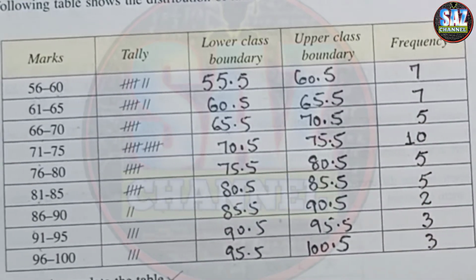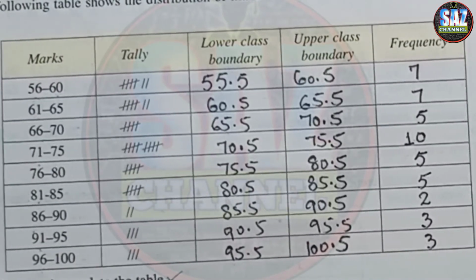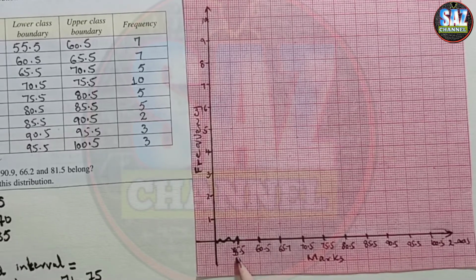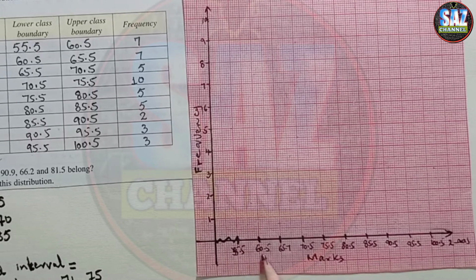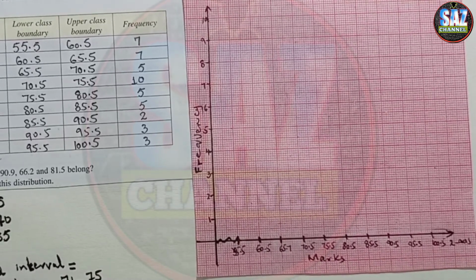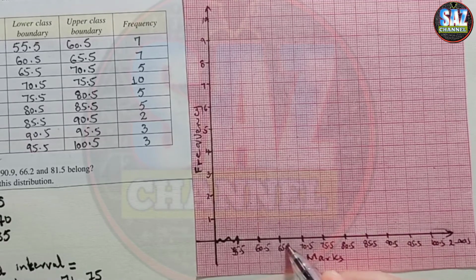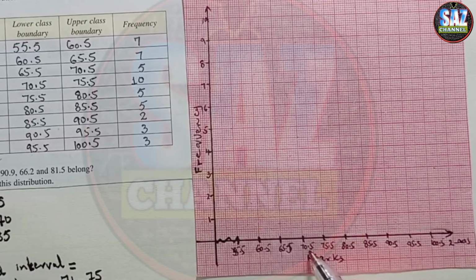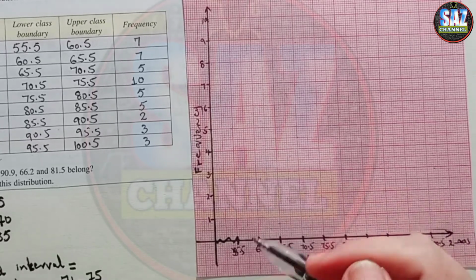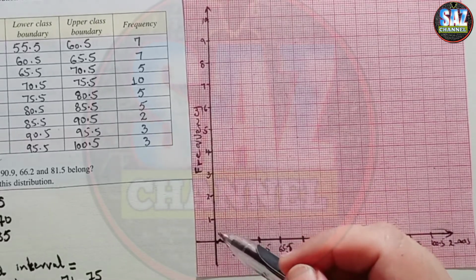Coming to the graph, for the x-axis we have to mark class boundaries, and the class boundaries begin with 55.5 to 60.5, then 65.5, then 70.5, 75.5, 80.5, 85.5, 90.5, 95.5 and 100.5. And then on the y-axis we have to mark the frequencies.